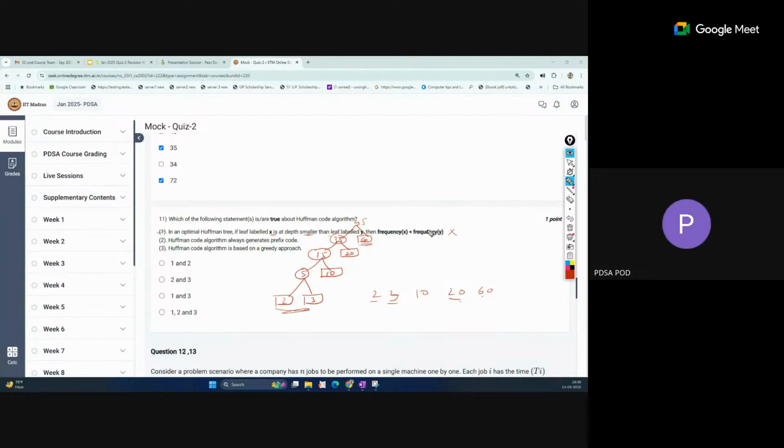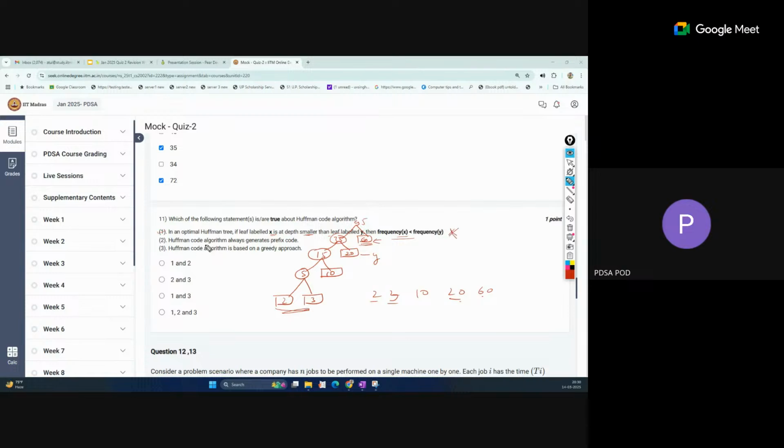Suppose this is x, 60, which has the smaller depth, and suppose this is y at the bigger depth. Then the frequency of x is smaller than the frequency of y? This is not true. Opposite, frequency of x should be greater than the frequency of y. So this option is not true.